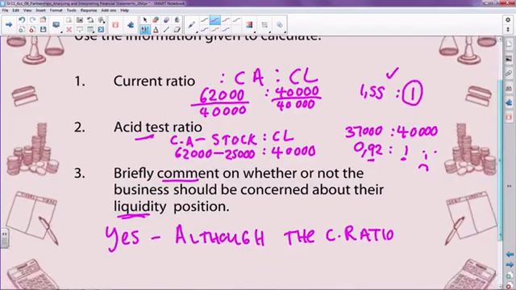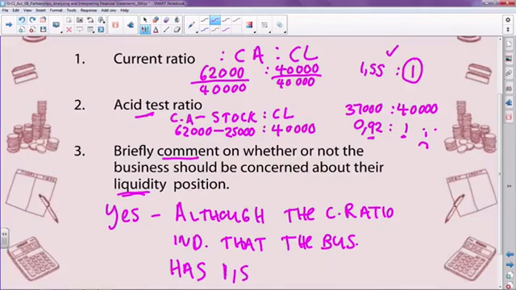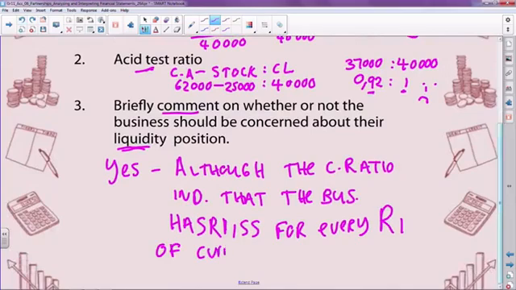So although the current ratio indicates that the business has 1 rand 55 cents for every 1 rand of current debt. Okay, or you guys can obviously quote the ratio above, right?